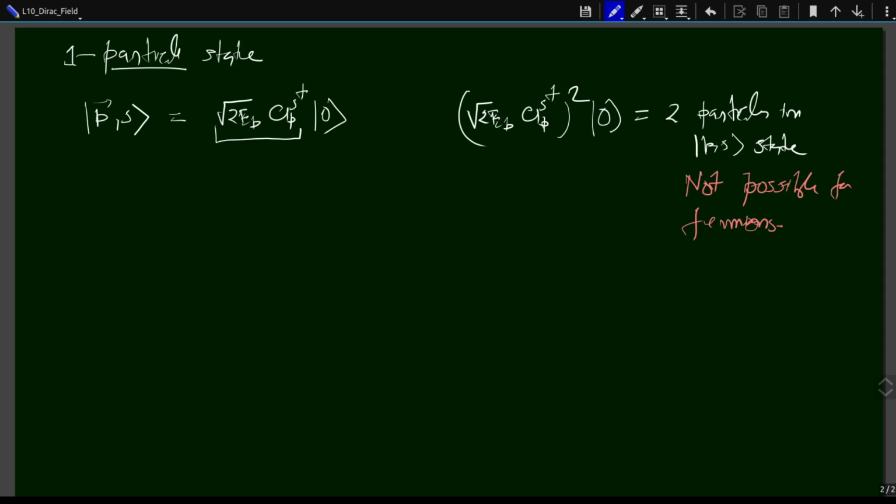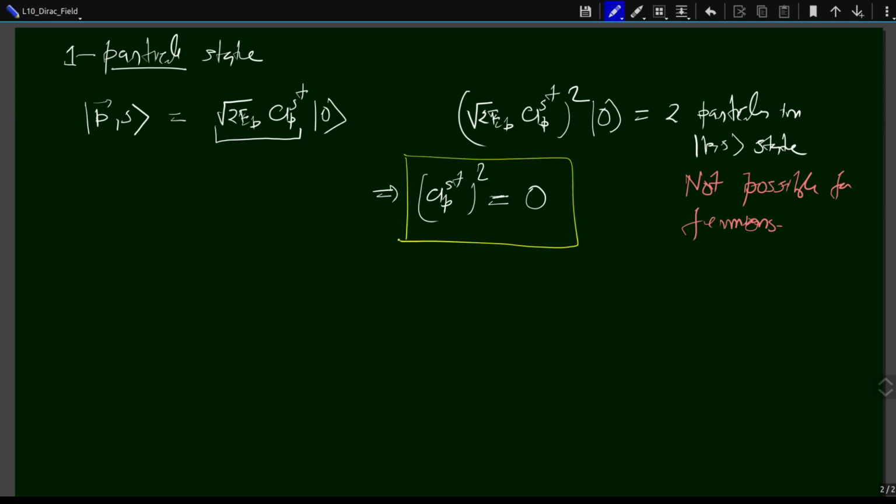So what do we do? How do we understand this? Twice E_p is just a number. What it tells me is that a_{p s} dagger squared as an operator must be a null operator. That's one thing we need to mark. So I need this.